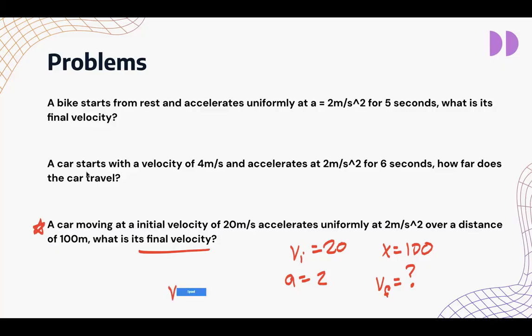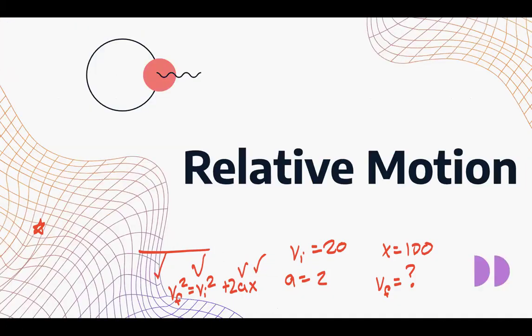It's not that deep, but VF squared equals VI squared plus 2AX, right? This is an equation we can use because there's all four of them. We have the VF that we're looking for, we have the VI, we have the A and we have the X. We have all the ones that we're looking for, correct?